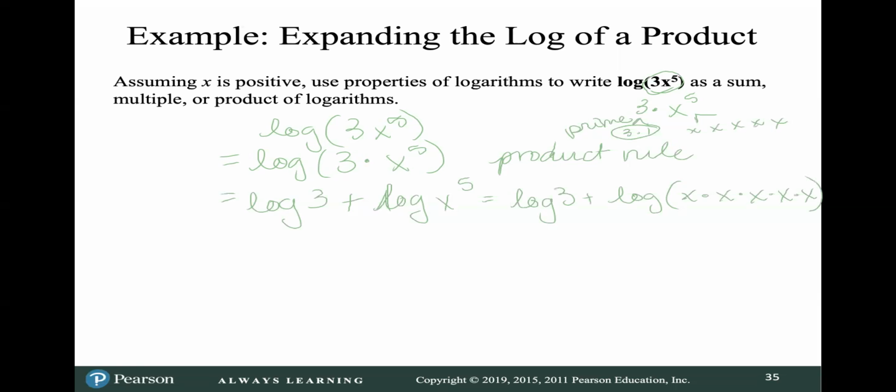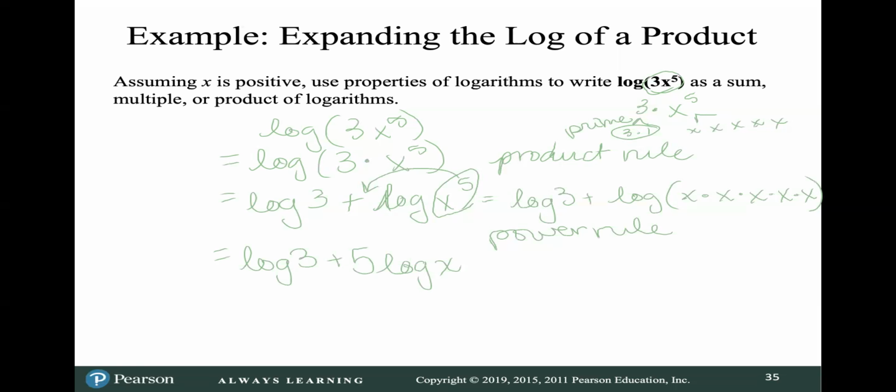Okay, then we can apply the product rule again, or because this is x to the 5th, we can apply the power rule. So that says that this is log of 3, can't be simplified, but this becomes plus, the exponent becomes the coefficient, 5 times log of x.